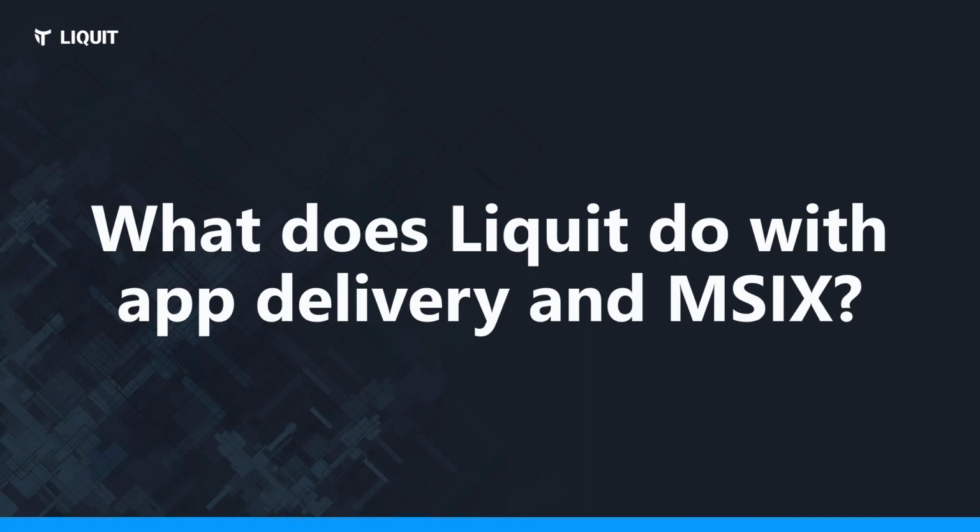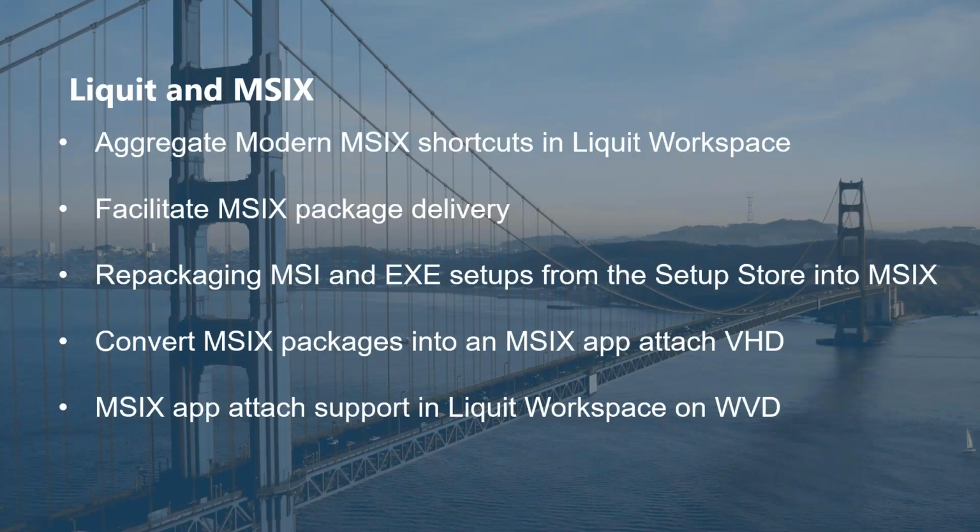The theme is, what can we do to deliver this using MSIX? Well, at first, what do we do with MSIX? That's the same as what you saw with the SmartFTP icon delivering the MSI. We aggregate the MSIX shortcuts. That's a different type of shortcut. I will go into detail in the next few slides.